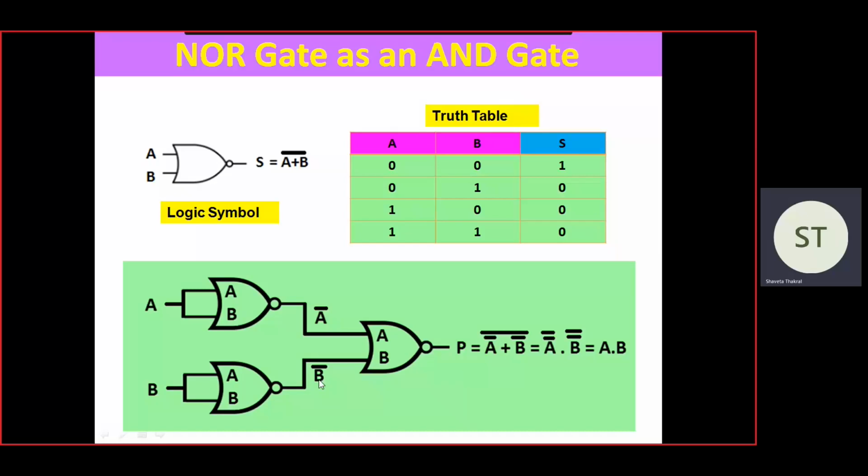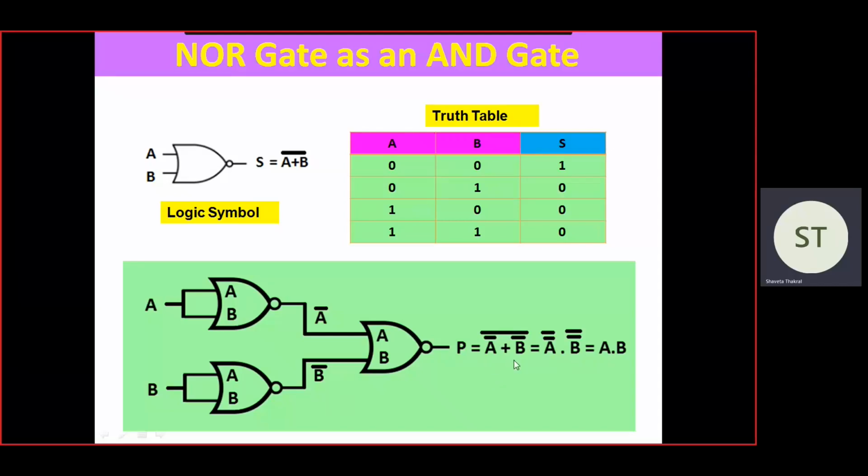Now A complement and B complement we pass through a NOR gate. So NOR gate, what it is doing? It is doing the operation one input plus another input to the whole complement, and the P we are taking as output of AND gate. So P is equal to one input A complement plus another input, that is B complement, to the whole complement, and this is of the form complement of sum.